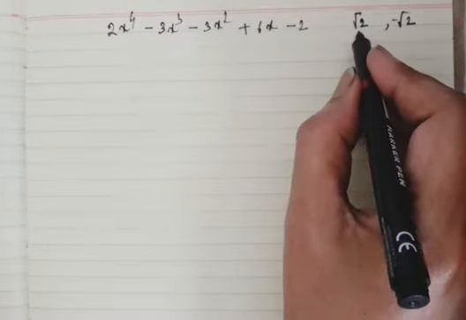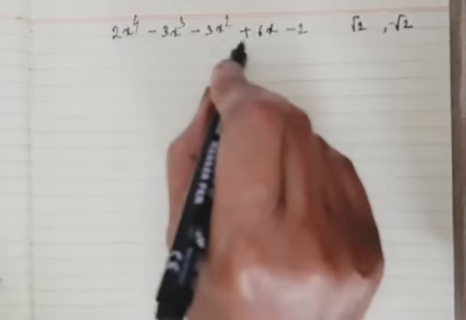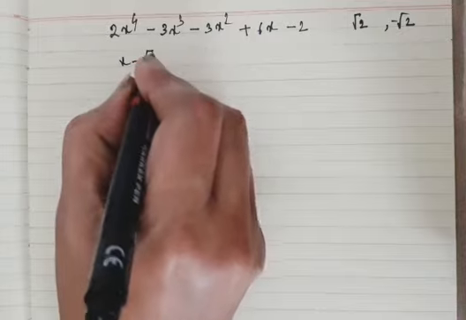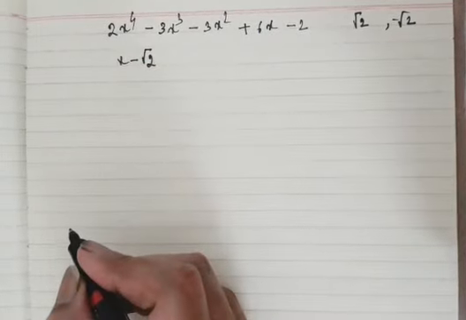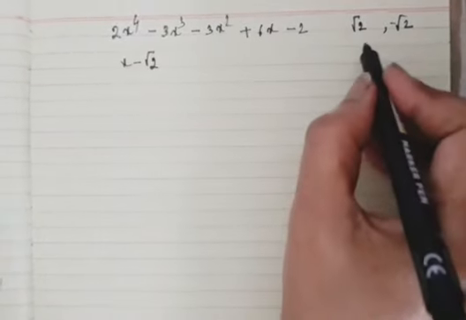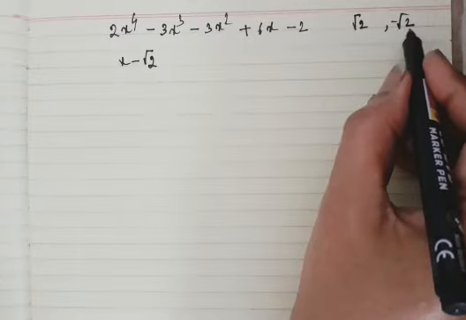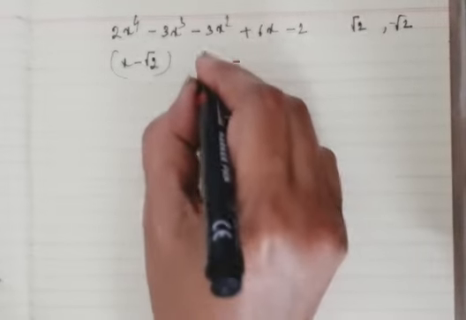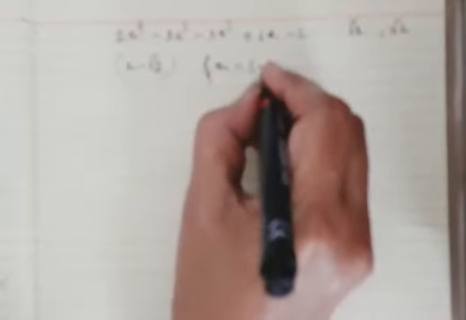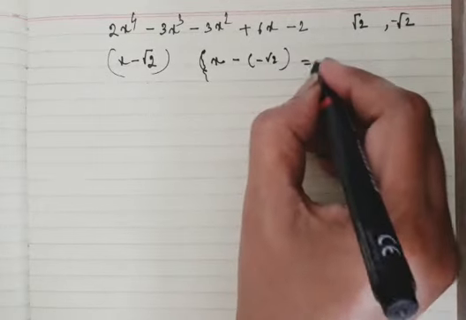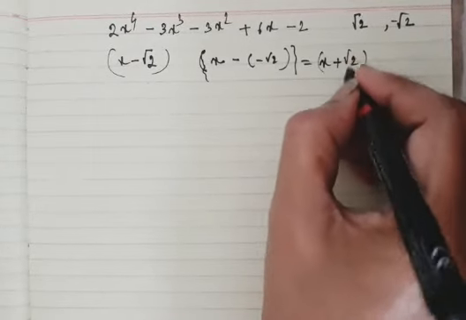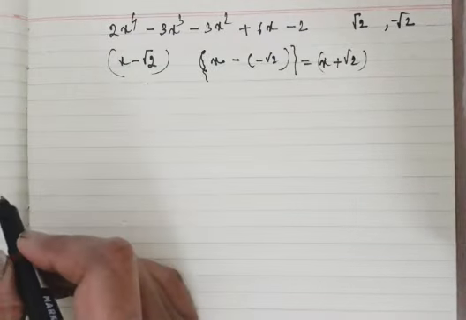If root 2 is a zero of this polynomial, then x minus root 2 is a factor of this polynomial. Again, if minus root 2 is a zero of this polynomial, then x minus of minus root 2, that is x plus root 2, is also a factor of this polynomial.